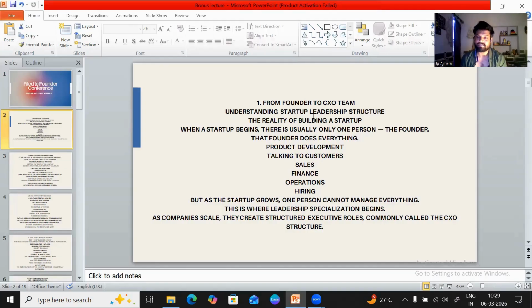At that time we will require more people to complete those tasks in the right manner at the right time. So at that time we'll hire and build the team that will work for the company, the startup or venture. At company scale, they create a structure of executive roles commonly called the CXO structure.